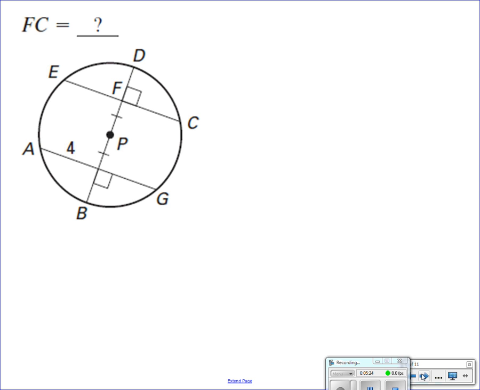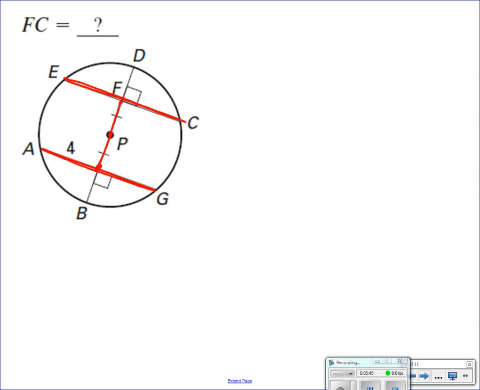So the next one, we're looking for FC here. Well, I know that distance there, which is perpendicular, is equal to that distance there. So chord AG is equal to EF. But this is also a diameter.